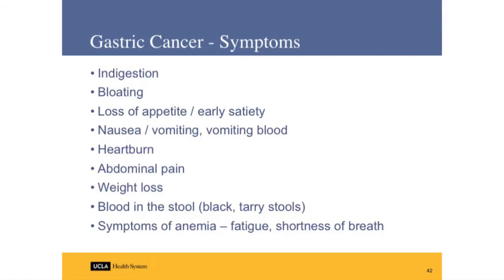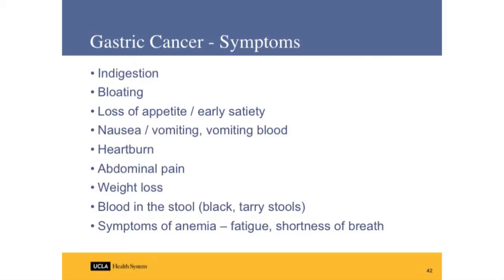Symptoms of gastric cancer include indigestion, bloating, and loss of appetite. Early satiety is another symptom, which essentially means that you get full really fast after eating. Nausea and vomiting could be other symptoms, as well as vomiting blood, heartburn, and abdominal pain, especially in the epigastric area, the area just below your sternum.